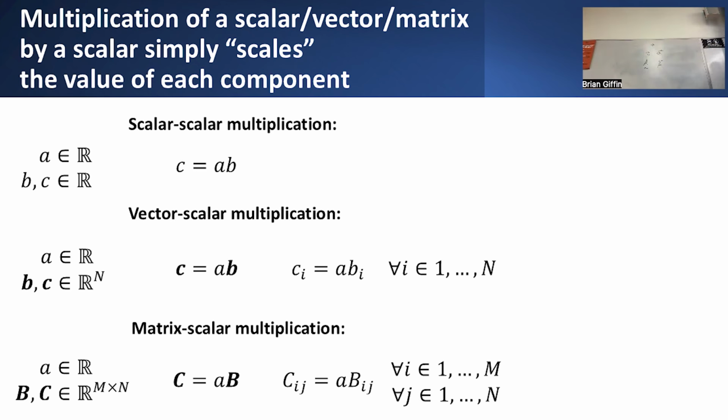All it requires is recognizing that we take each of the individual components of this matrix B, scale them by A, and that gives us the individual components of the matrix C. All right, fairly straightforward. Nothing fancy here.